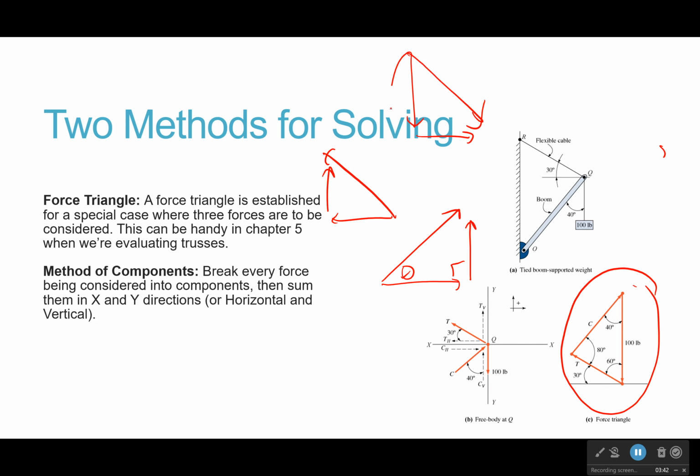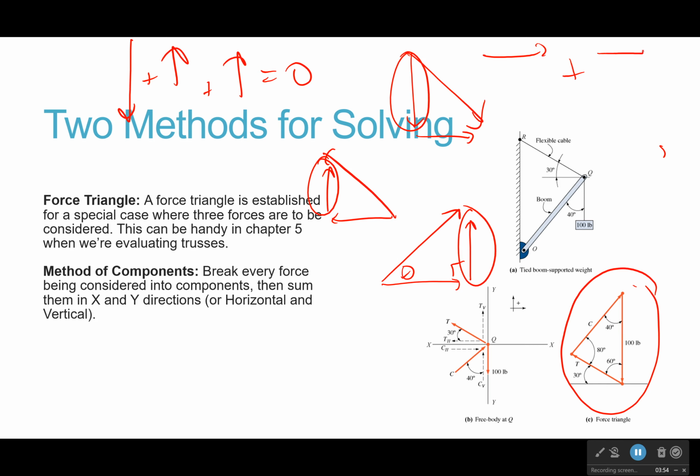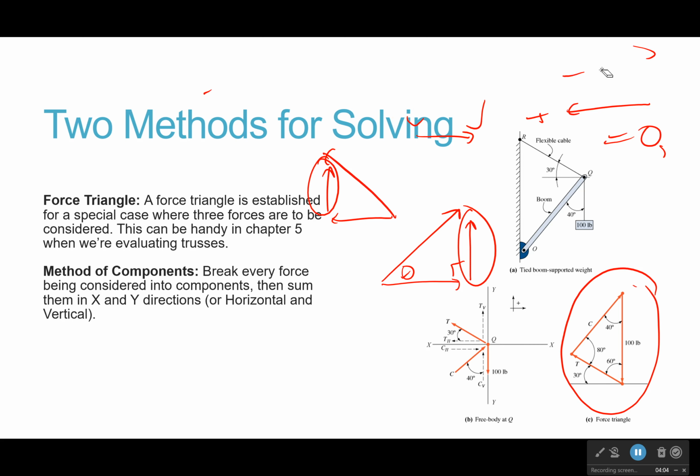I'm going to take all their components and add them together and see where I get. And they should all equal 0. So I have down plus up plus up, and that should equal 0. And I've got over plus this way, and that should equal 0. I look at them separately. If you do that, it will work out. There's lots of math, but it's always simple math when you go down that path. So be very careful.